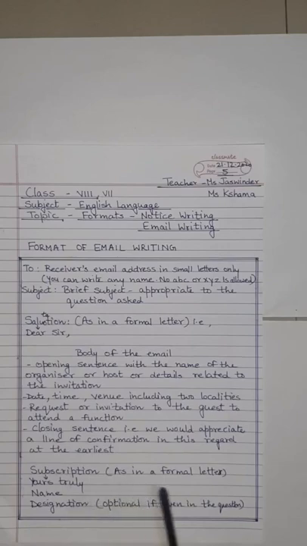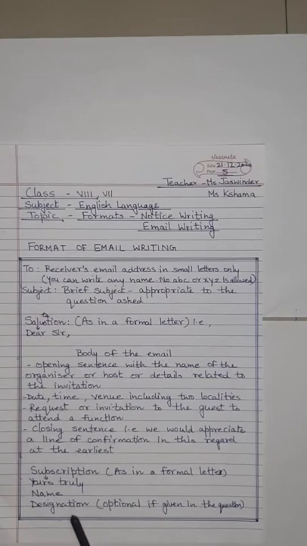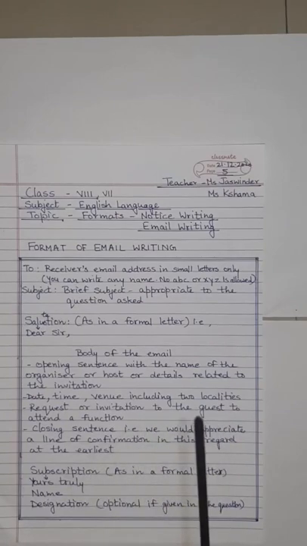So it should be written like a formal letter. Then name and then designation. It is optional. If it is given, then you can write, otherwise you can leave it. So students, this is the latest format for writing an email.